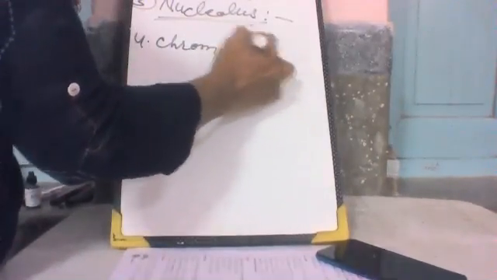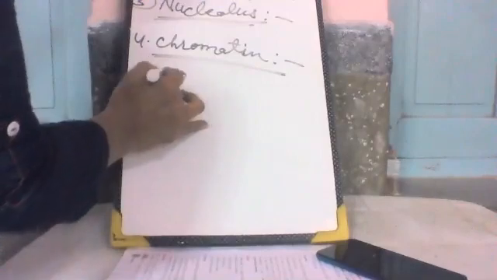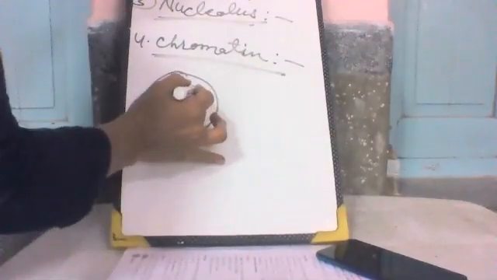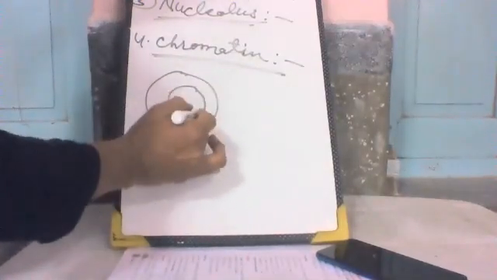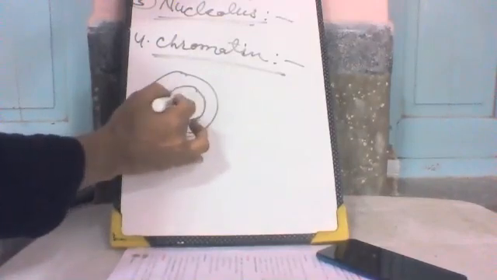The fourth part of nucleus is chromatin. It's a thin thread-like structure. These are made up of deoxyribonucleic acid. See, it's a cell, nucleus, nucleolus.